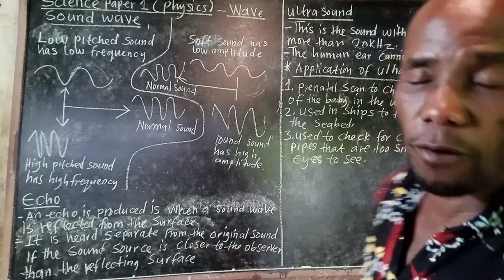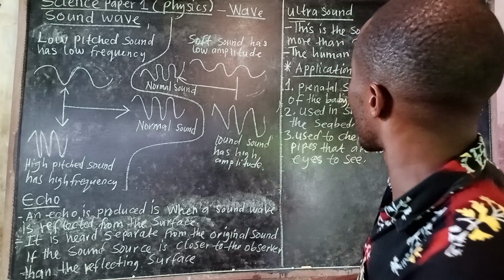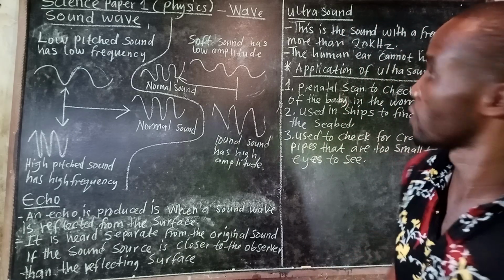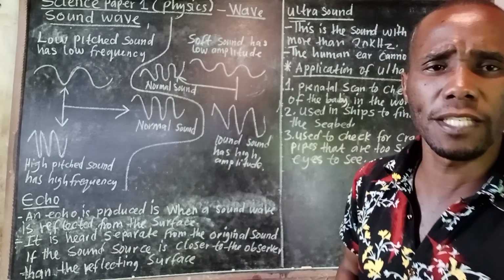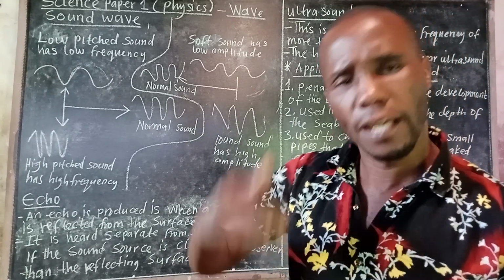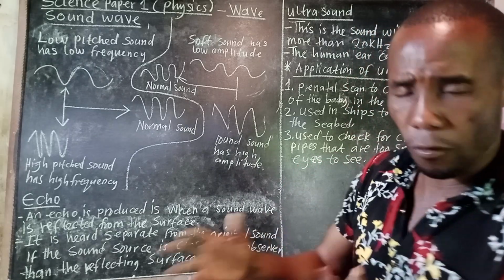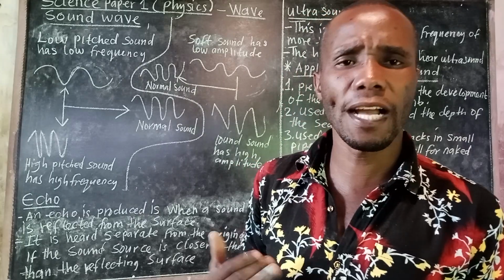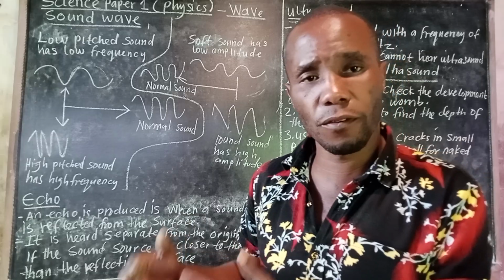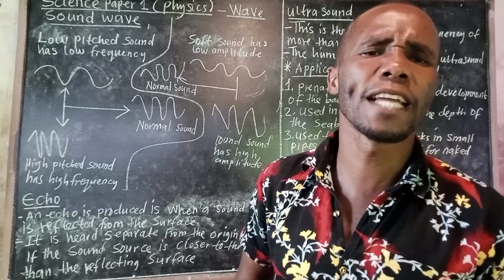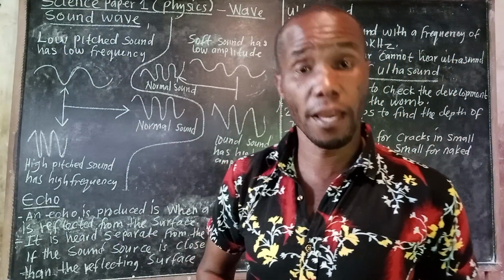So now, apart from echo, as we are finalizing our main topic, sound wave, we can also look at ultrasound. What is it? Ultrasound is sound with a frequency of more than 20 kilohertz, which is 20,000 hertz. Remember, we were talking about normal sound, which ranges in pitch from 20 hertz to 20,000 hertz. When we talk of ultrasound, that is beyond 20,000 Hz.